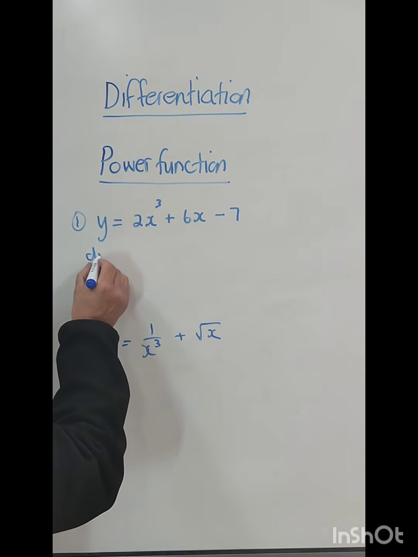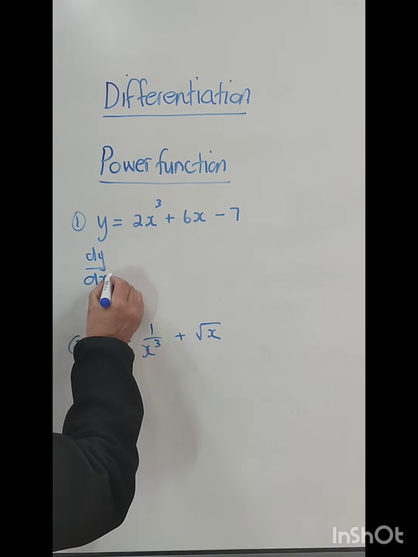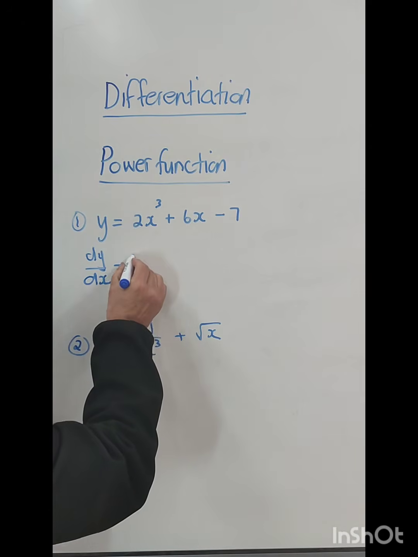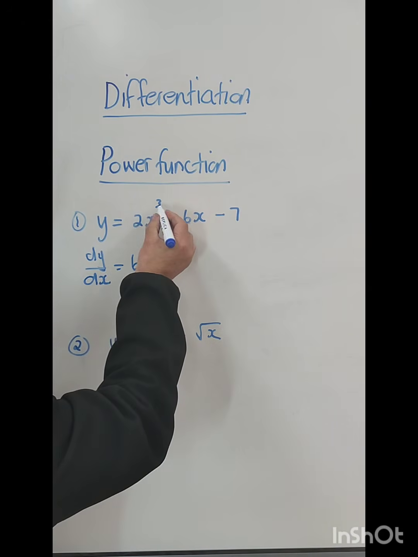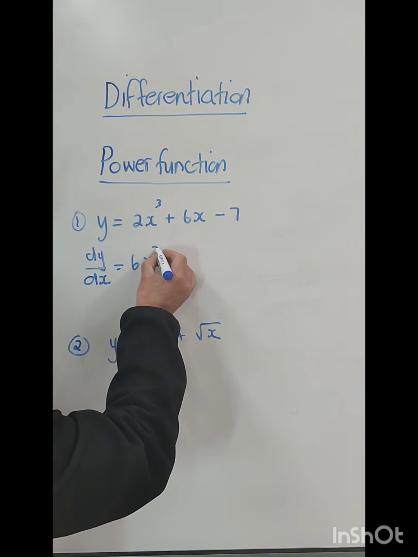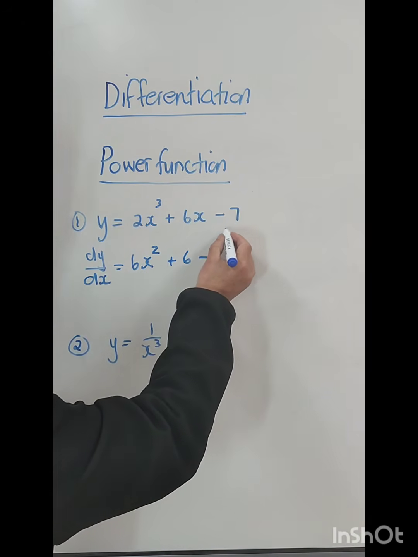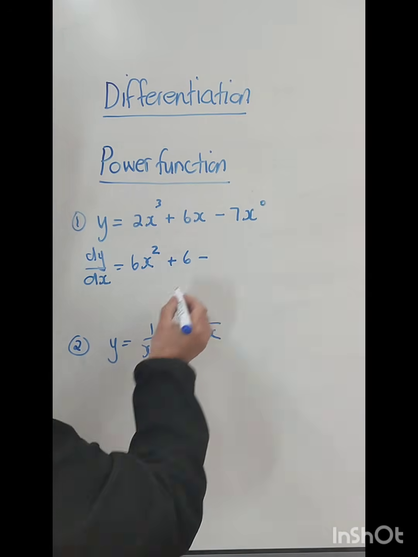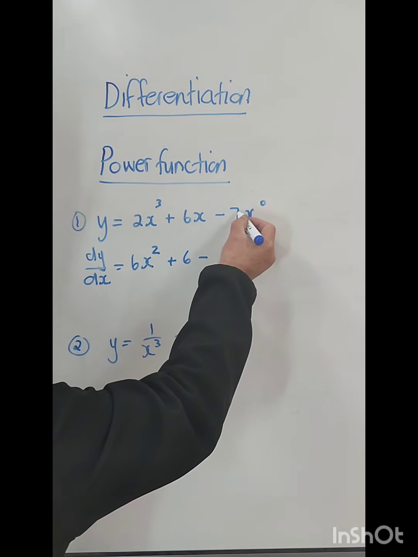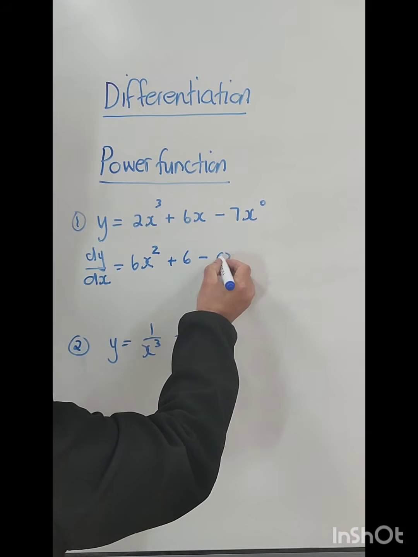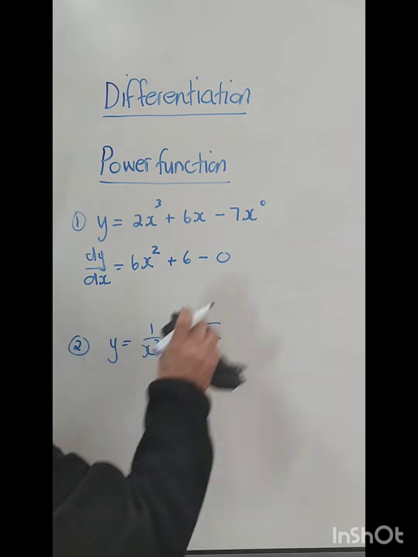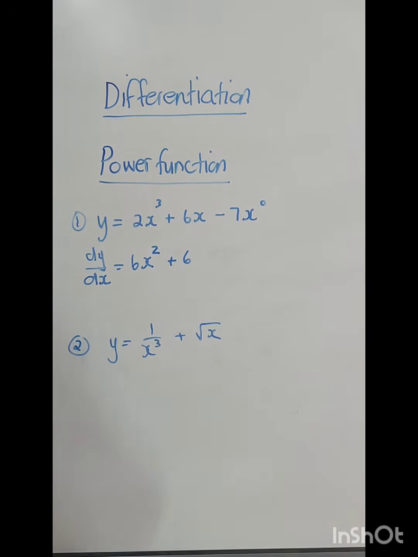So indicate first dy over dx equals 2 times 3 is 6x, 2 minus 1 is 1, 3 minus 1 is 2, plus 6 minus, this is x to the power of 0, multiply the 0 to the front, minus 1 from it, will just be 0, or you can just leave out that term completely.